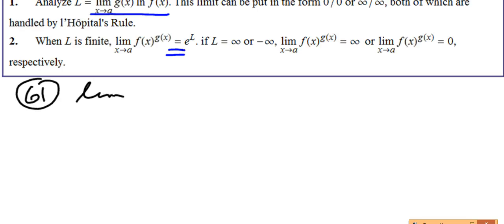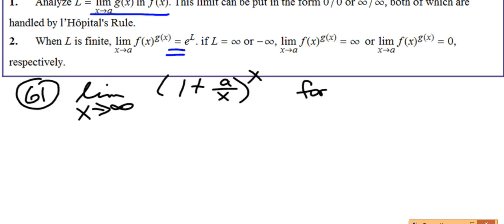We have the limit as x is approaching infinity of the quantity 1 plus a over x raised to the x. And this is in the indeterminate form of 1 raised to infinity, for a constant a. Okay, so a is just a number, pretend.